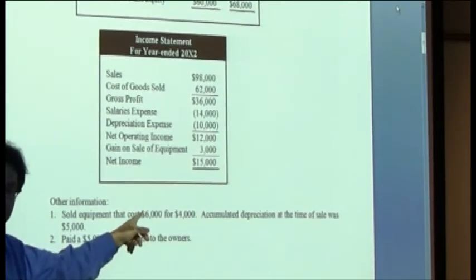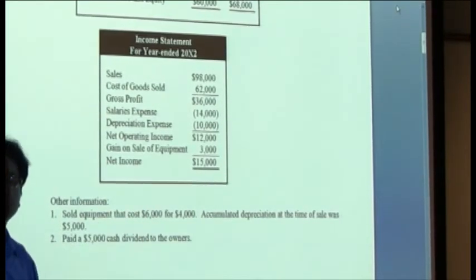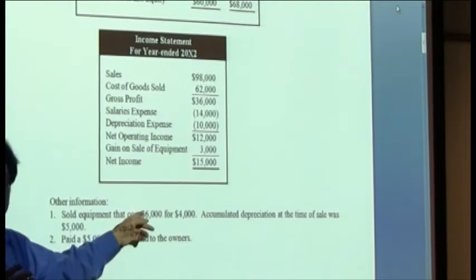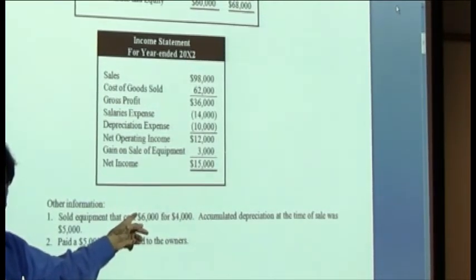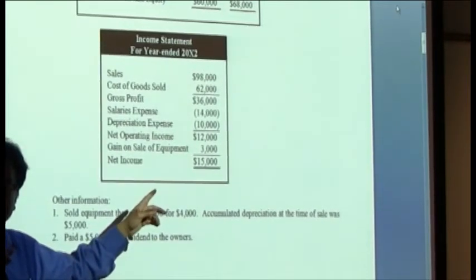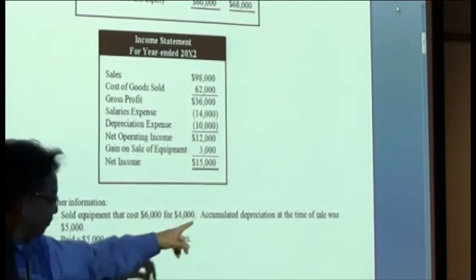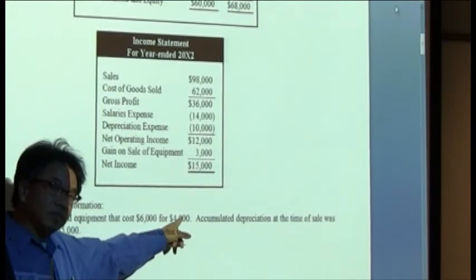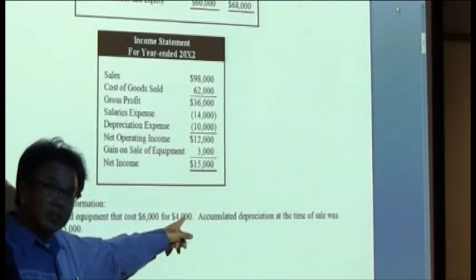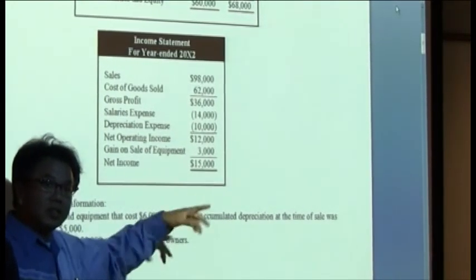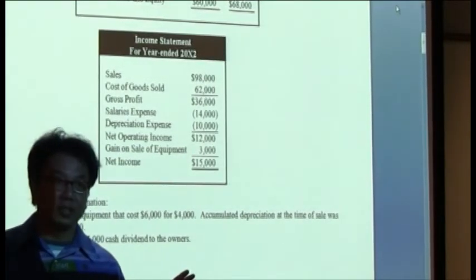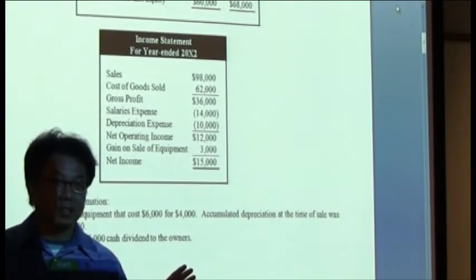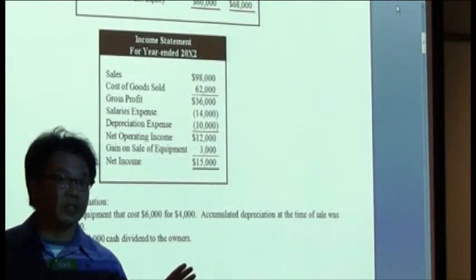Original cost of that machine, I don't know how many years we have used, but whatever that machine was, we sold that for how much? 4,000. Implies cash, am I right? So can we go back to chapter 10 now? At least chapter 10 is accounting 1B, so that means a little bit closer in your memory, right?